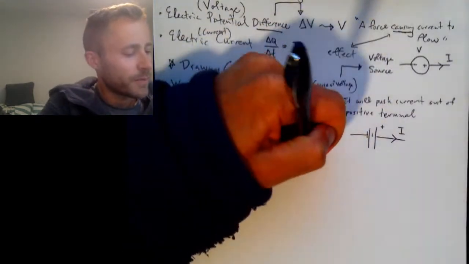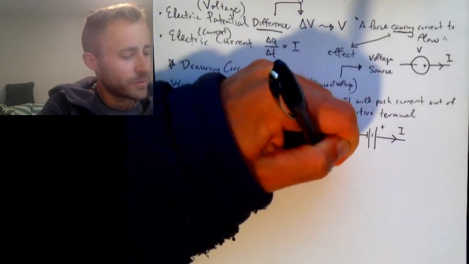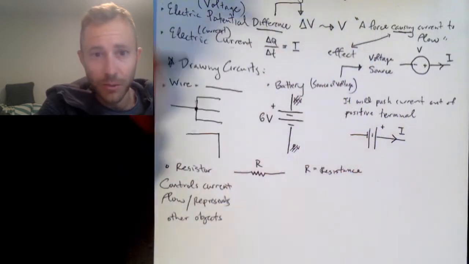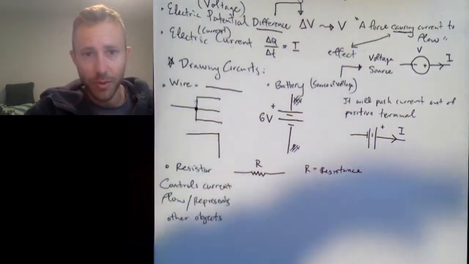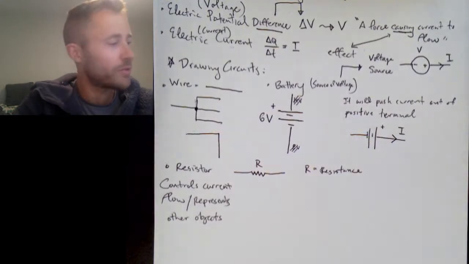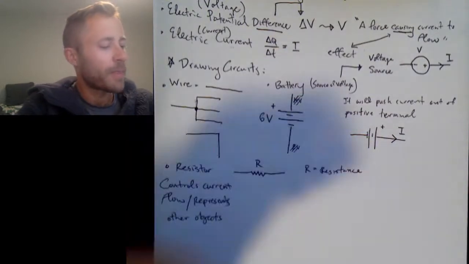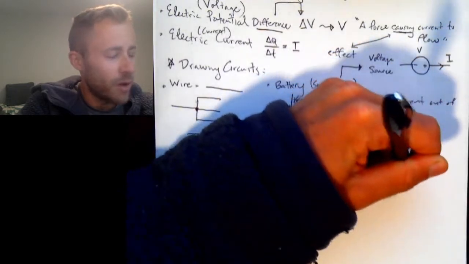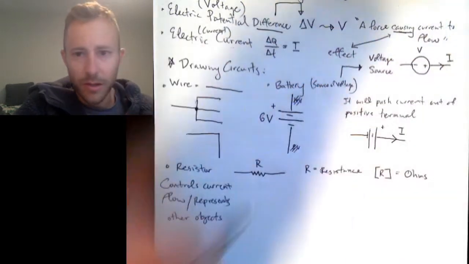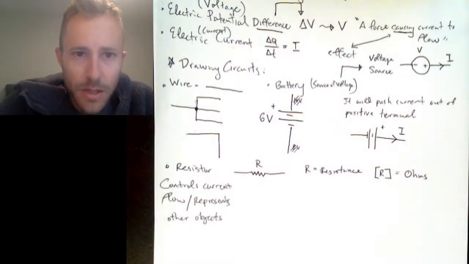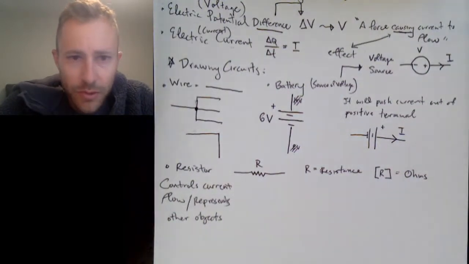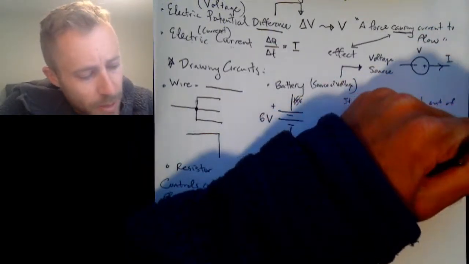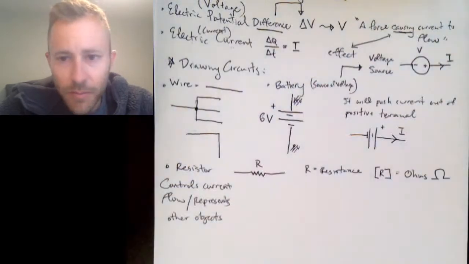So R is called the resistance. Resistors have a resistance, which is a parameter that describes how it behaves. Resistance is measured in ohms because the guy who studied resistors first was named Georg Ohm, and ohms are abbreviated by the Greek letter omega.